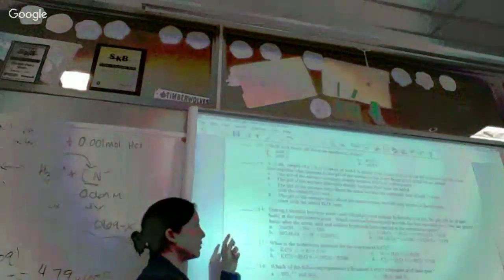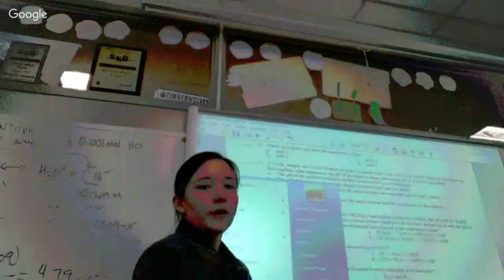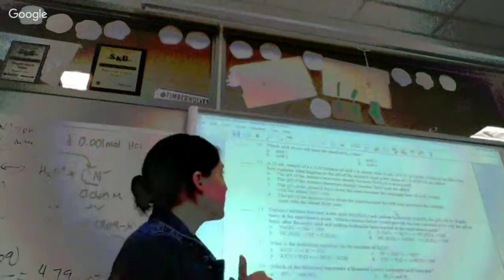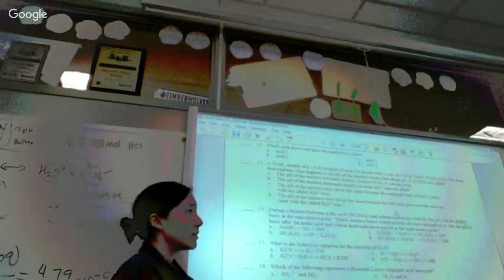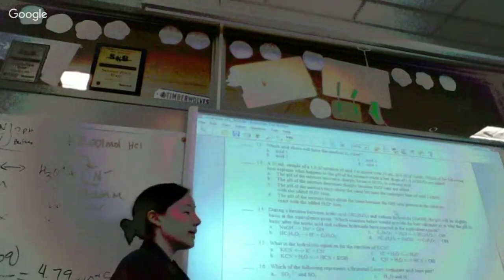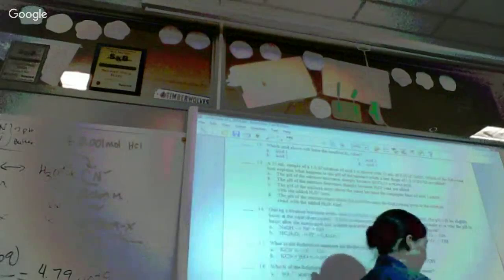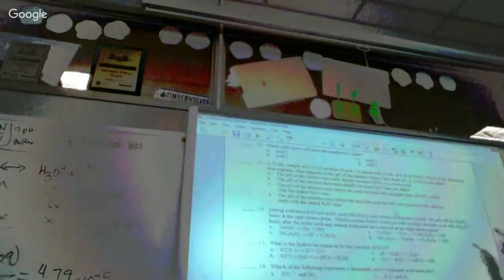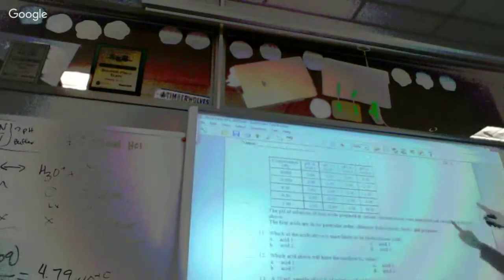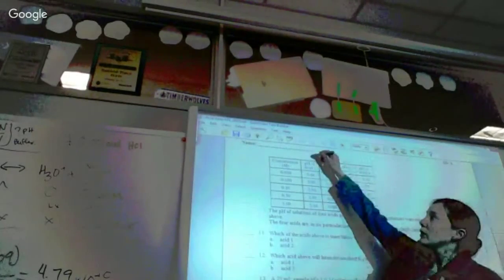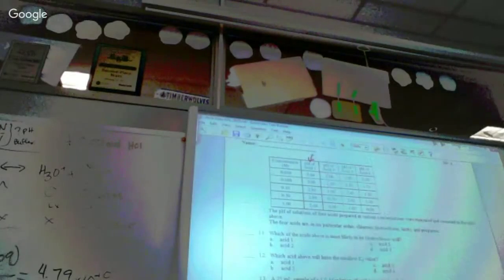All right, so then for this one, you have a 25 milliliter sample of 1 molar solution of acid 1, it's mixed with some NaOH, and then we add some HNO3. So first of all, what do we know about acid 1 from question 2? You look at this chart and look at acid 1 here, and what do you notice about acid 1?